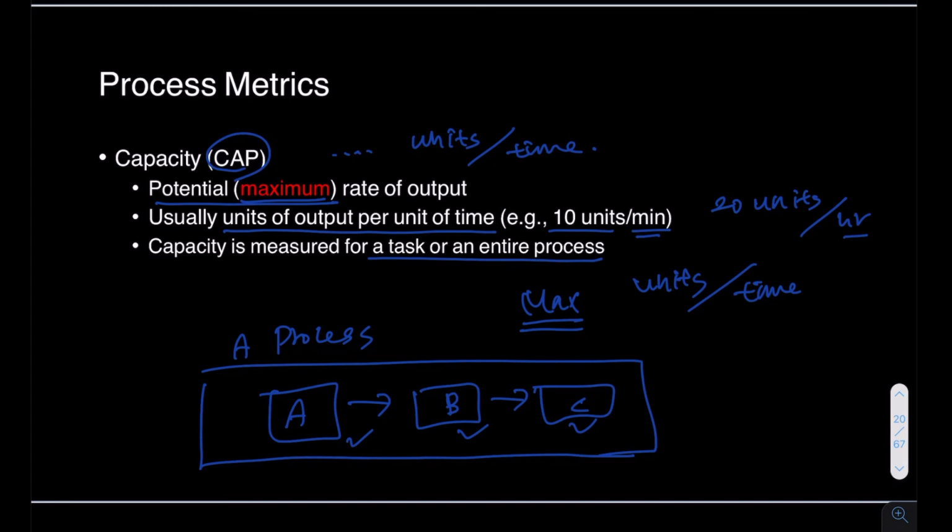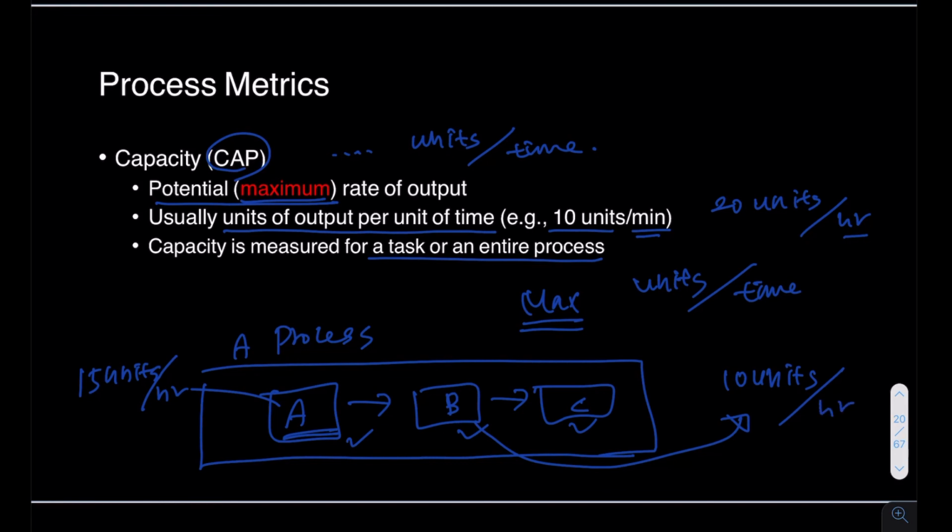For example, A may be a very fast machine. So let's say you can produce 15 units per hour. Then this is the capacity of A. For B, let's say it is a slightly slower machine. Then the capacity may be different, like 10 units per hour.